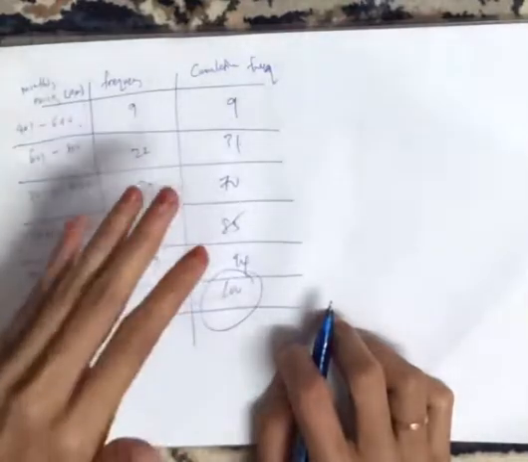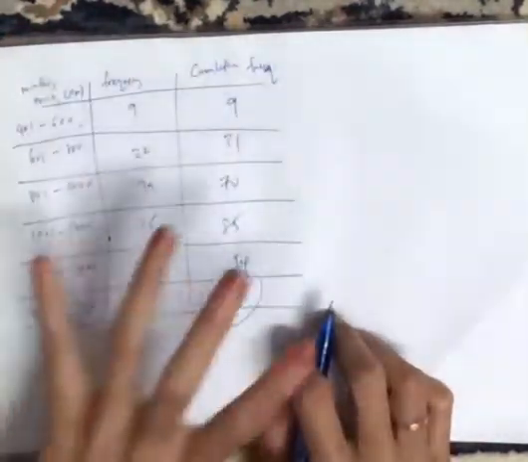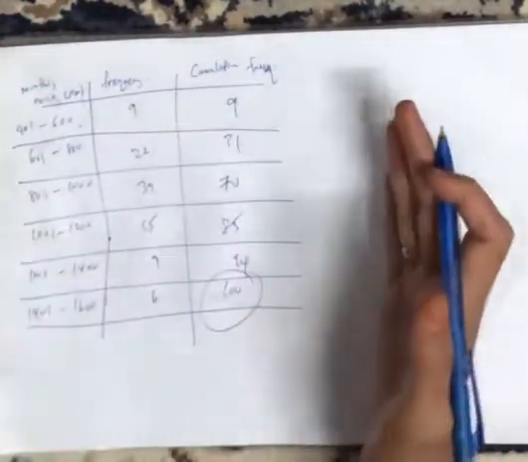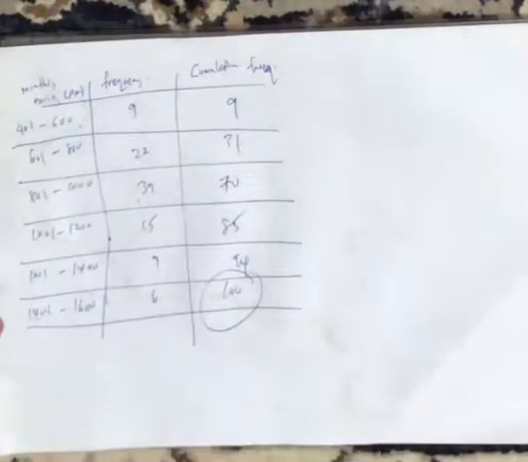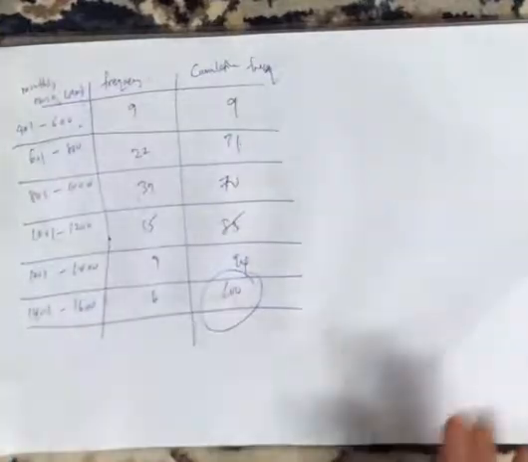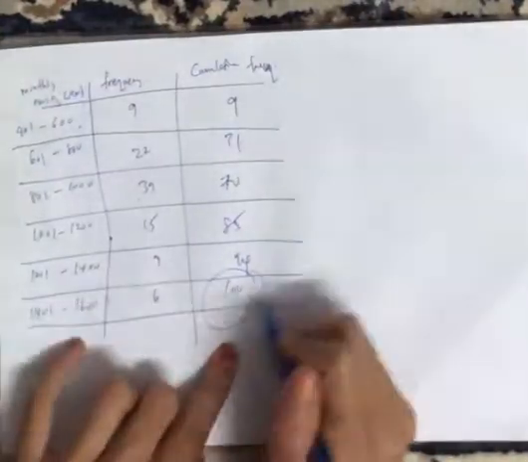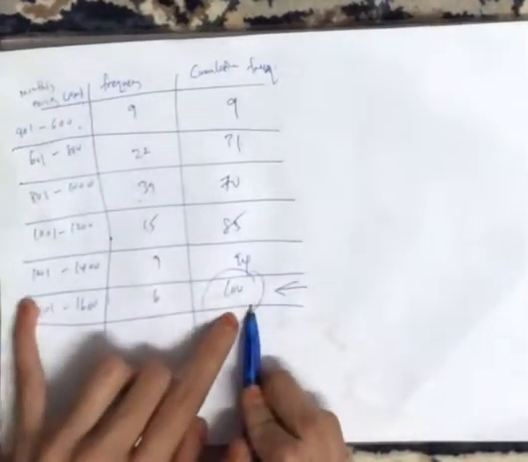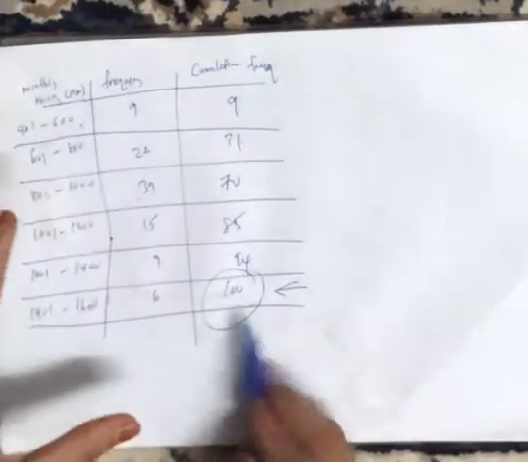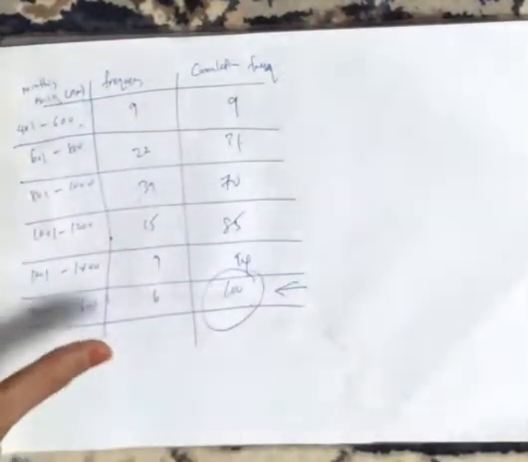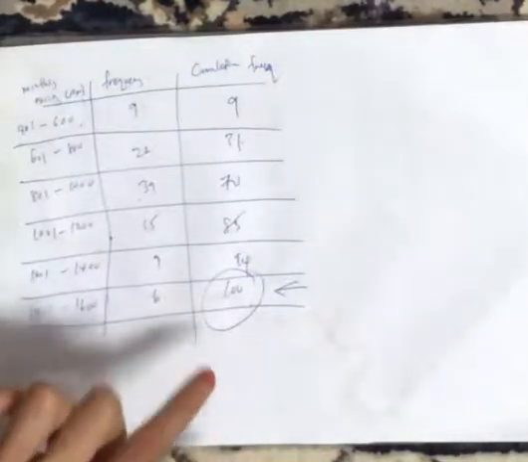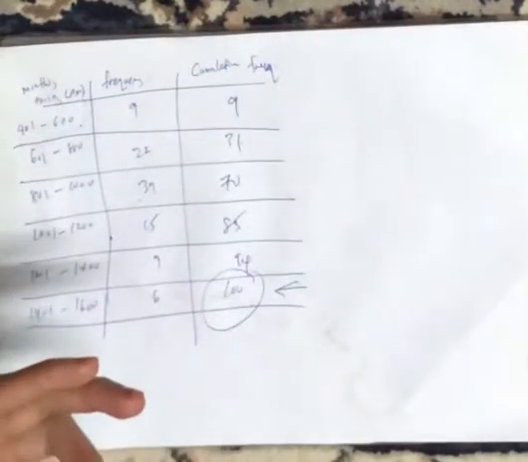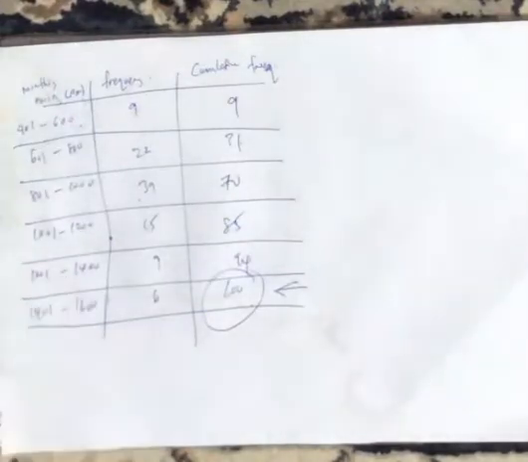This is not the example yet, I just give you a rough idea of how to find the class width and so on. But this number must be the total number of respondents, or total number of observations. It means they have 100 people that we did the survey on.